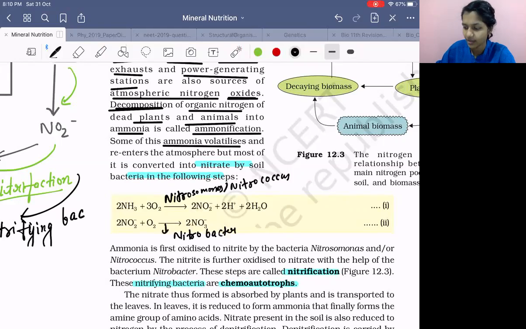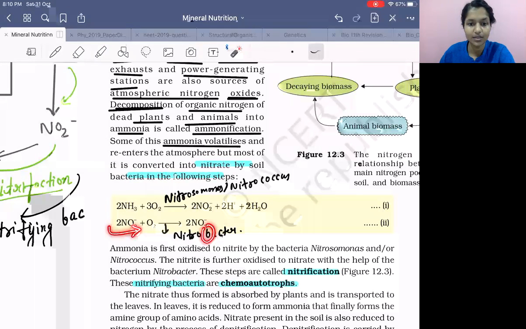How will you remember? The step which comes later has which alphabet? B. Nitrobacter. So B comes first, right? The step which comes later has the letter which comes first.